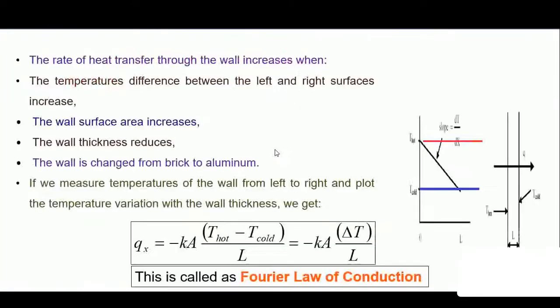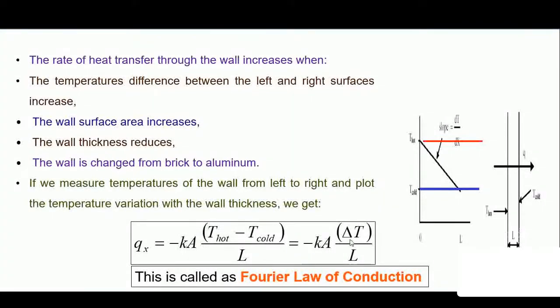If you notice in the previous slide, we have written it as delta T upon L. But this delta T upon L is an absolute form. We say this is a wall for which it may be true, but if the shape of the wall is different, then we cannot apply this equation directly. So we need a differential form of the equation.